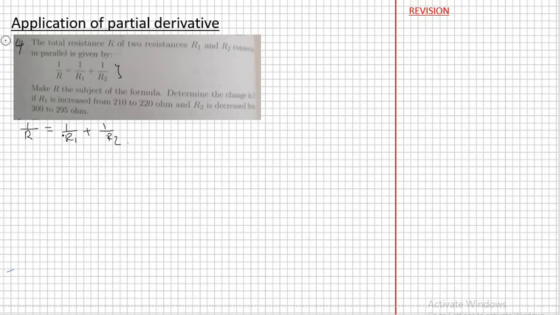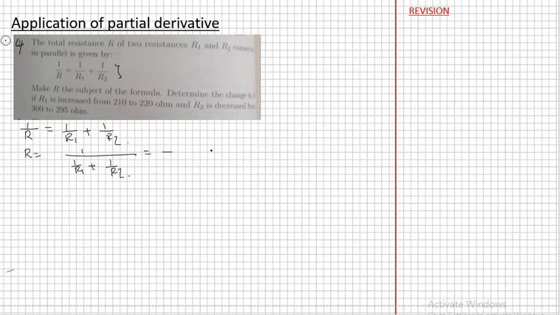From this relation I can determine the value of R. To get R, I'll just use the inverse. In other words, R is equal to the inverse of 1 over R1 plus 1 over R2.